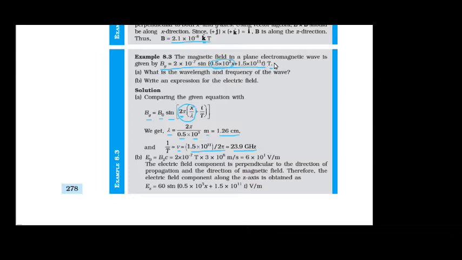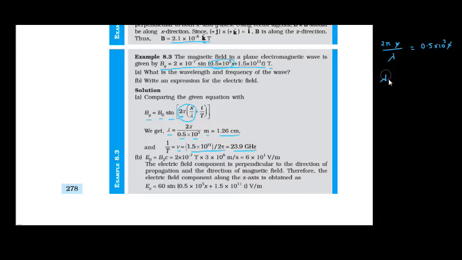So you write it here as 2 pi x upon lambda is equal to 0.5 multiplied by 10 to the power 3 x. So x gets cancelled.